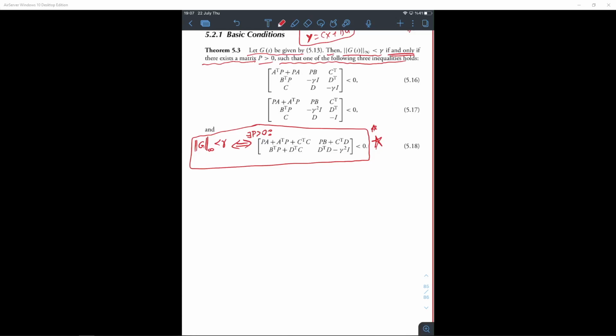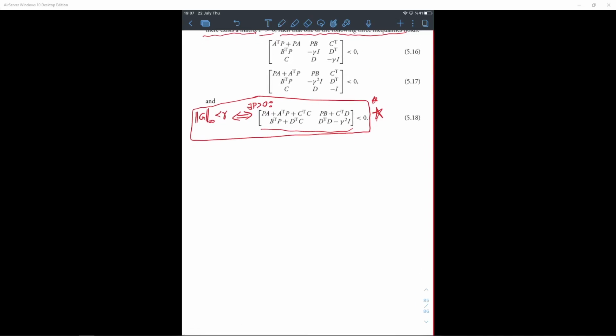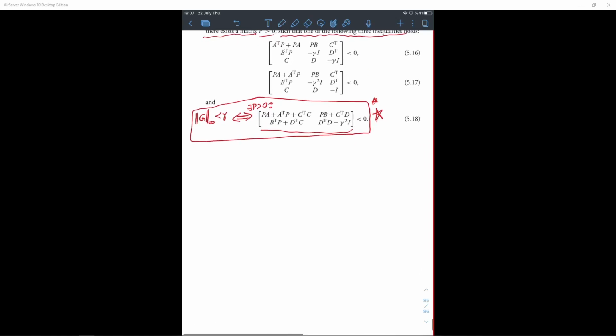So whenever you see this, think of it as, you might see that as well, or this, you may do some manipulations and get these terms, okay?